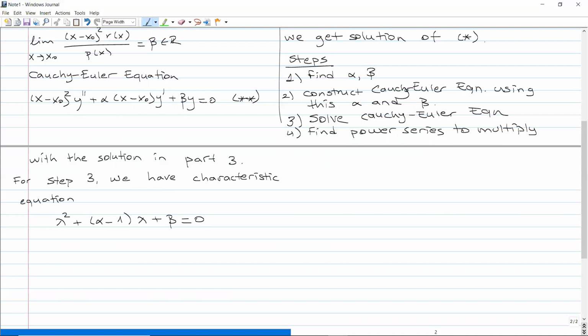And for that equation, we write the characteristic equation. It happens to be this equation. This equation is called the indicial equation of the original ordinary differential equation star.